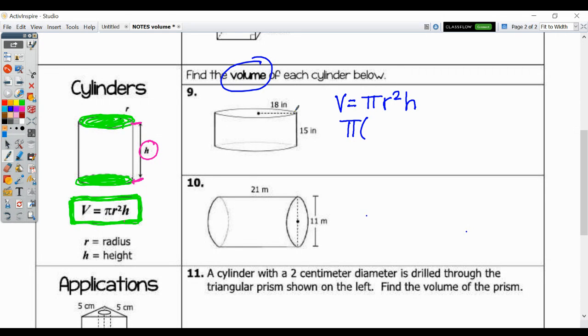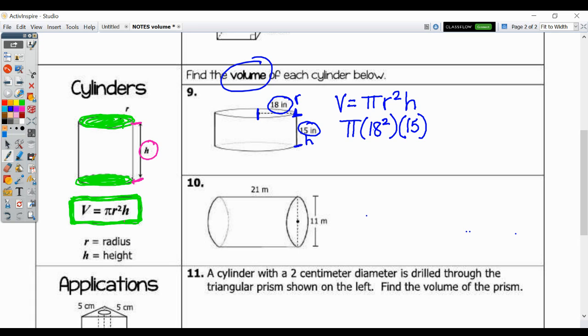My radius, it gives me my radius already in the diagram because it goes from edge to center. So my radius is going to be 18. So I'm going to substitute 18 squared. And my height is this right here, which is 15. So if I type in my calculator pi times 18 squared times 15, hold on.